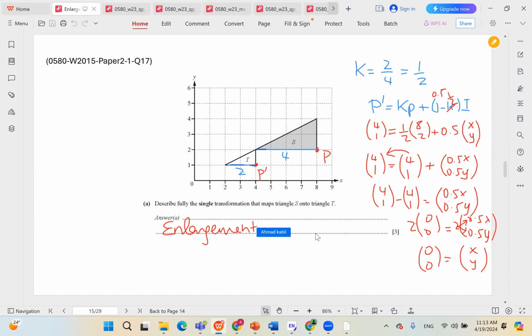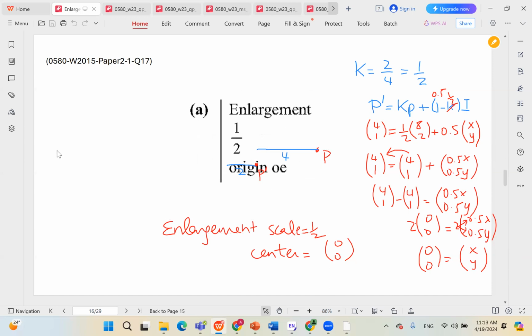And the scale, as we said, is half. And the center is 0, 0. So enlargement and half and origin or 0, 0, of course, they mean the same thing.